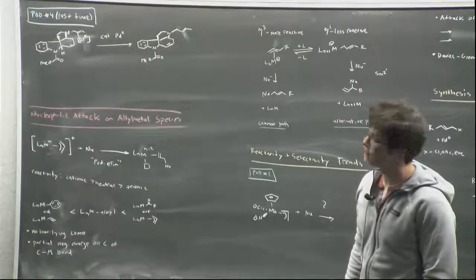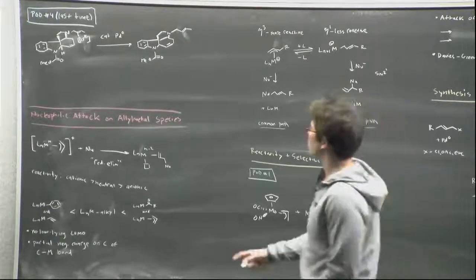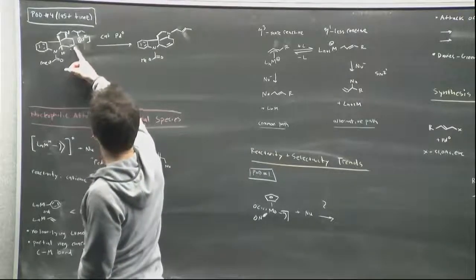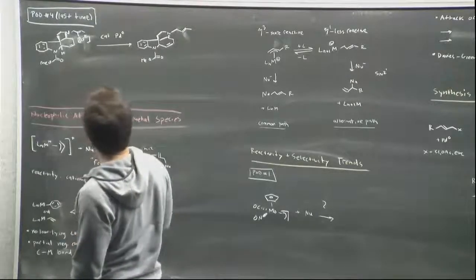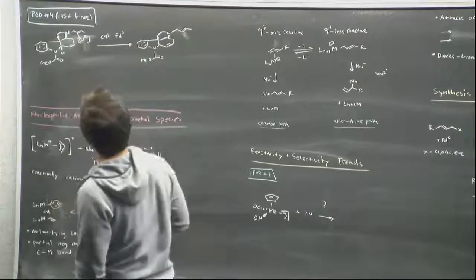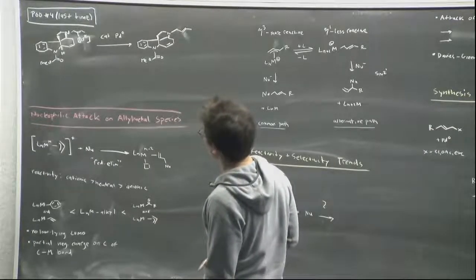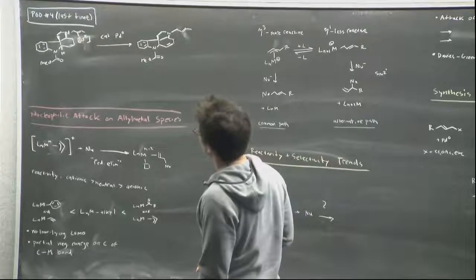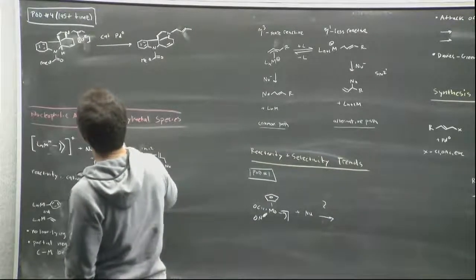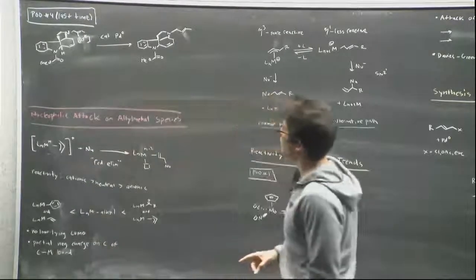Maybe do the insertion of the olefin in the lower part. Okay, so you're wanting to do migratory insertion, and you have two choices. And ultimately, the bond that's going to be formed is here. If you do that, then you're going to get an intermediate with a carbon-carbon bond here and a carbon-palladium bond here.